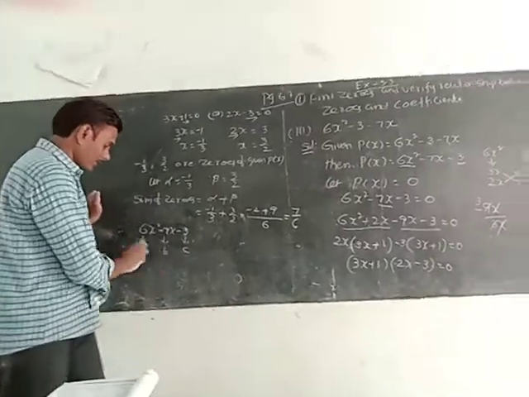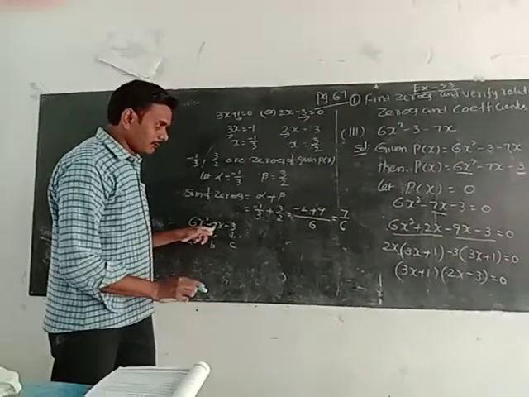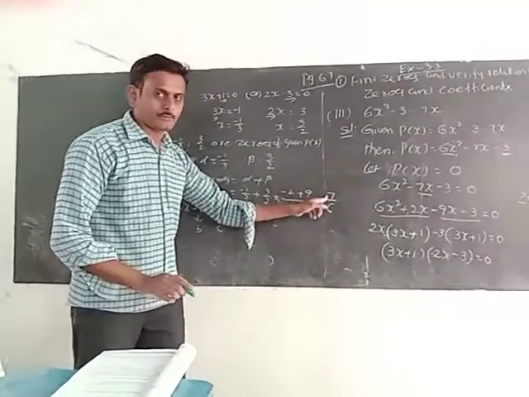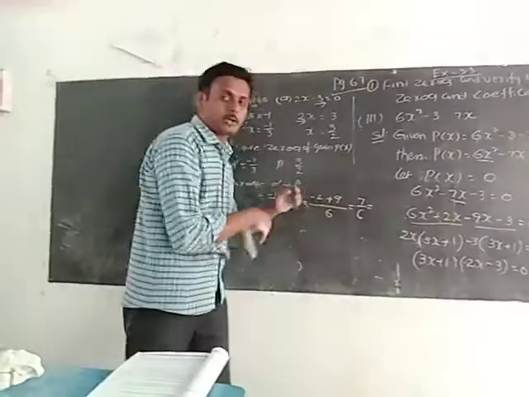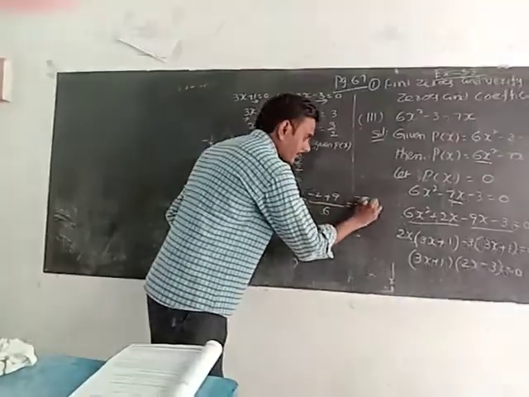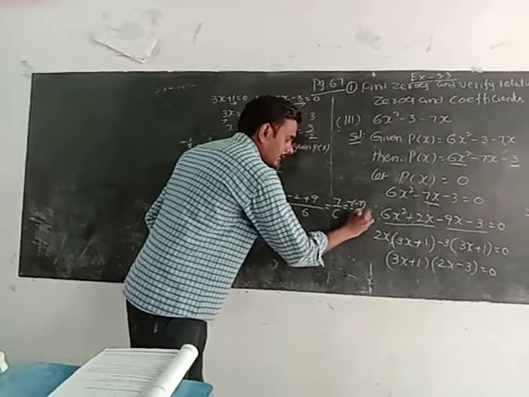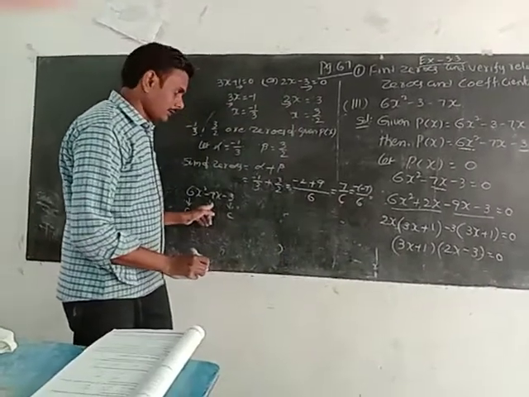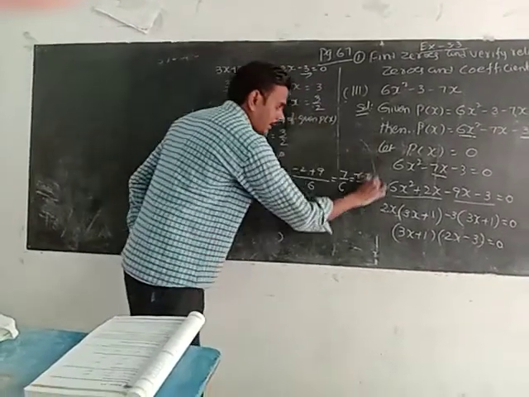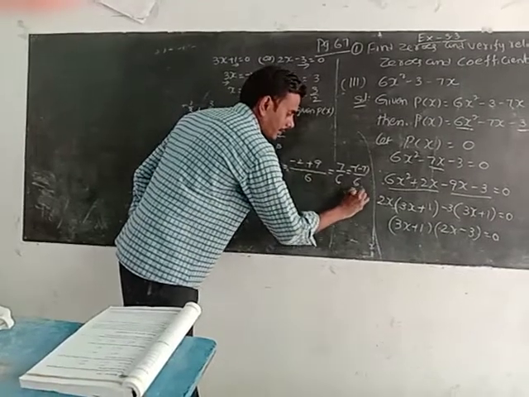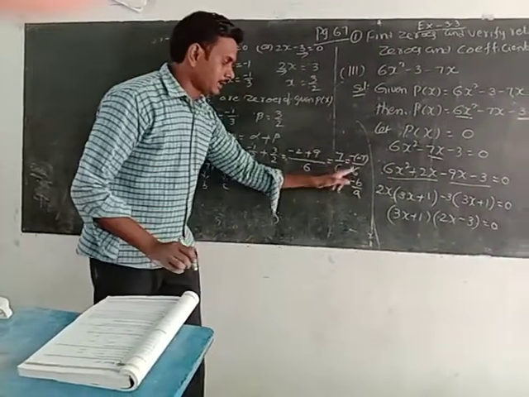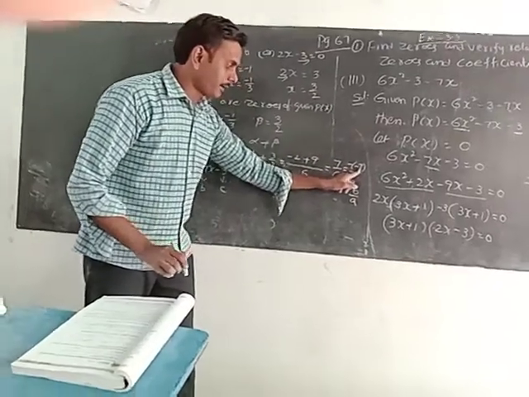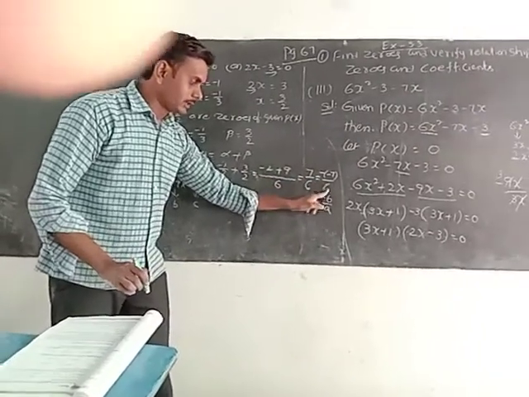What is the B value here? Minus 7. But we are getting plus 7 here. That means if you want minus 7, we have to write minus of minus 7 by 6. B value is minus 7, A value is 6, so we can write minus B by A.